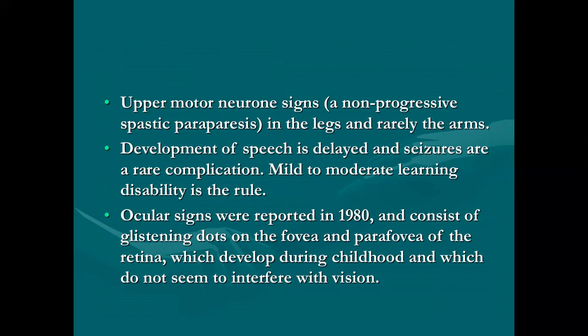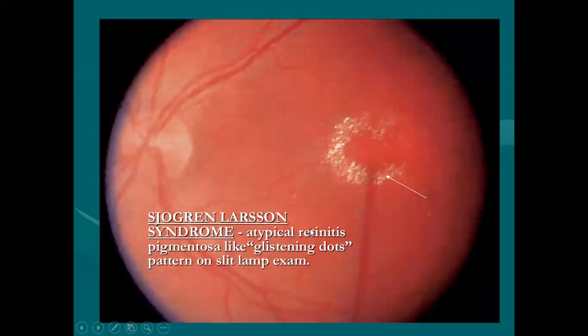Ocular signs were reported in 1980 and consist of glistening dots on the fovea and parafoveal areas of the retina, which develop during childhood and do not seem to interfere with vision. So although the signs are of atypical retinitis pigmentosa, like glistening dots, the patient will not go blind as in Refsum syndrome.